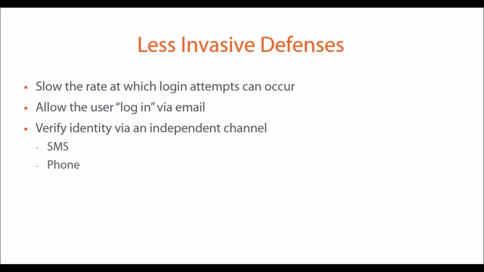One thing you do want to be a bit cautious of is trying to lock out via other attributes. So for example, trying to lock out via IP address. A good example of where that doesn't work is in 2014, GitHub got hit with an enormous denial of service attack.